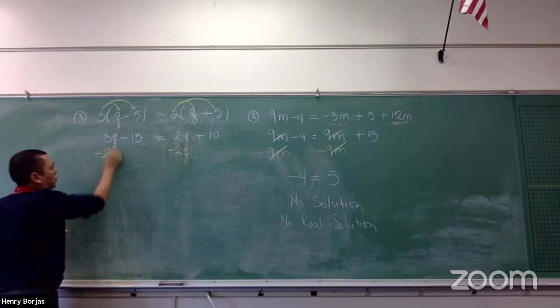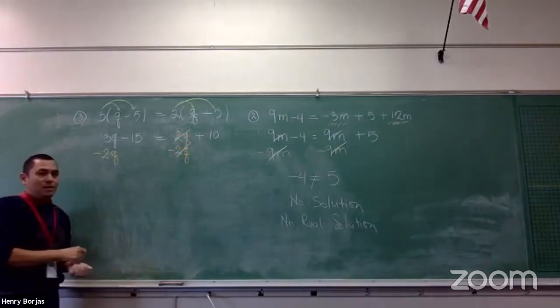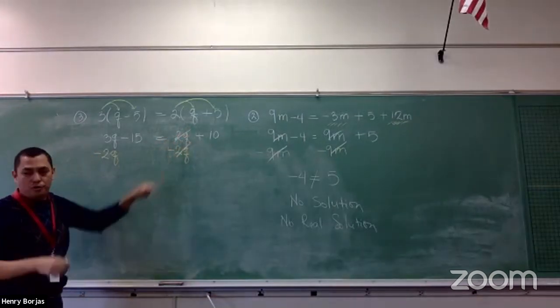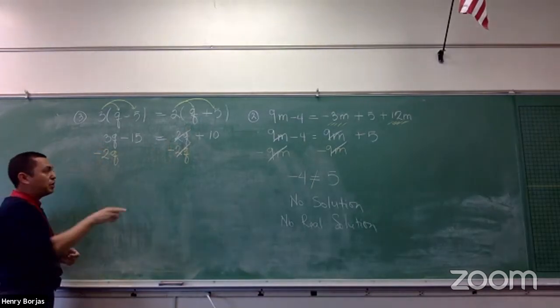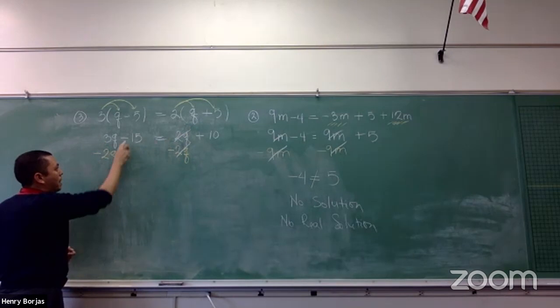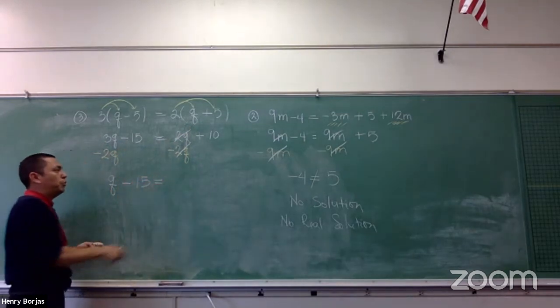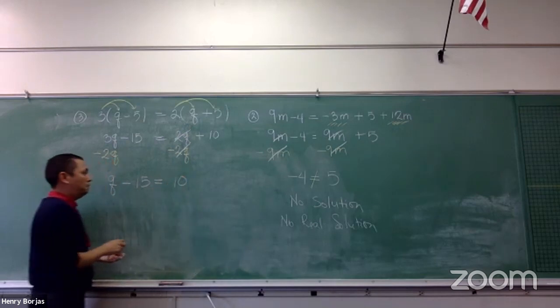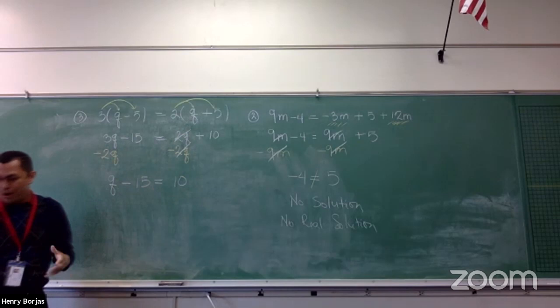Minus 2q. So this one goes away. 2q minus 2q is 0. And 3 minus 2 is 1q, or just q, minus 15 is equal to 10. One-step equation. What do I do?